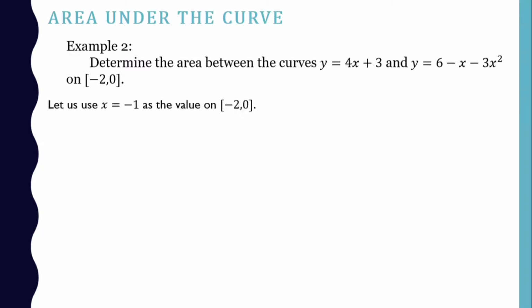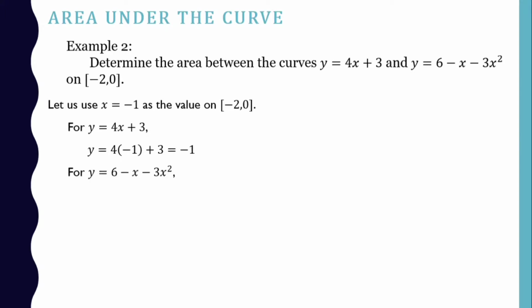In this case, we will take x equals -1. Again, you could use any other number as long as it is in between the given interval. Substituting into 4x plus 3, that's 4 times -1 plus 3. So -4 plus 3 is -1.